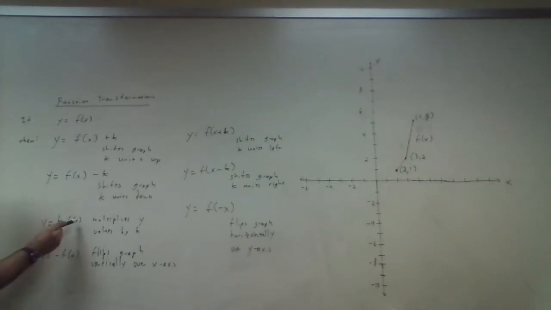Taking a constant times the original f of x will multiply all y coordinates by that value. It'll either stretch or shrink the graph. In the case of y equals negative f of x, that flips the graph vertically over the x-axis.